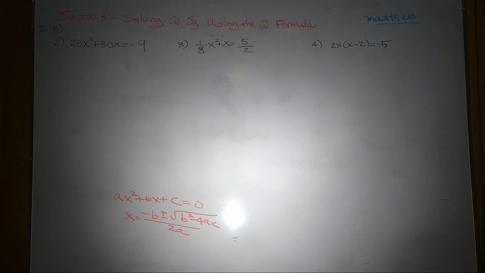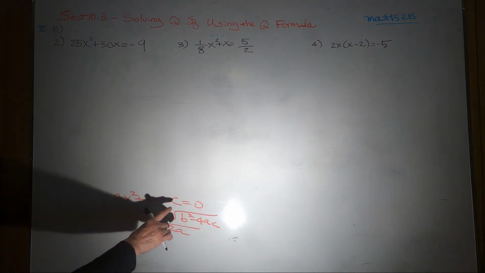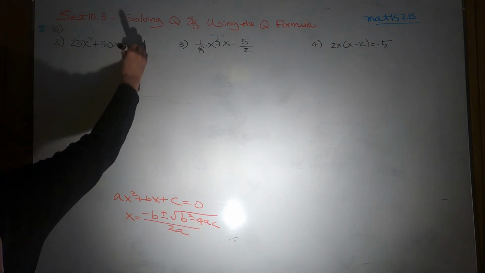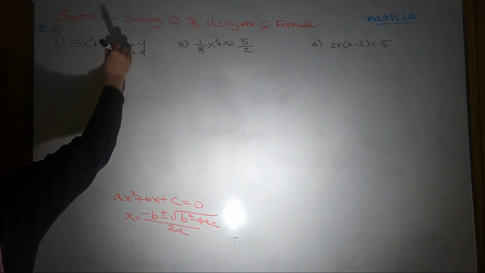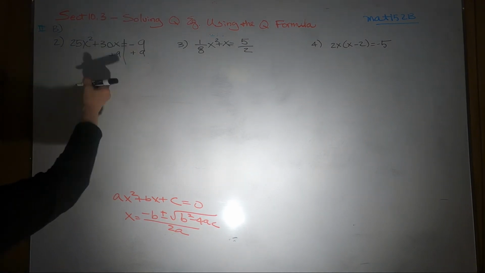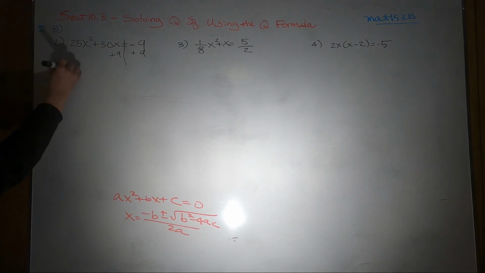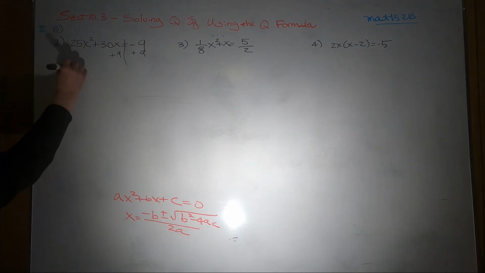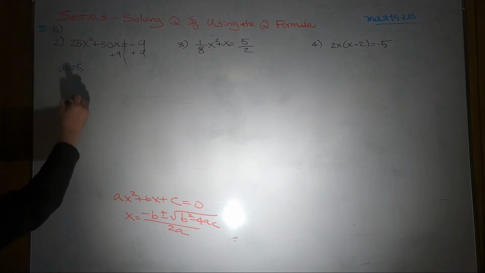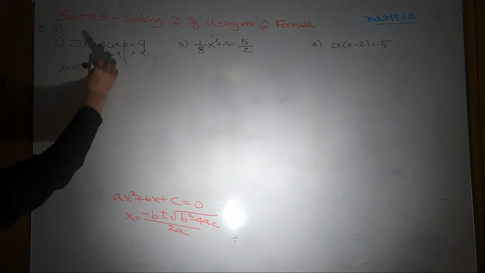Right? So first we identify our a, b, c by writing the standard form. So you add 9 to either side. Then you can see. So what's your a? That would be 25. What's your b? 30.